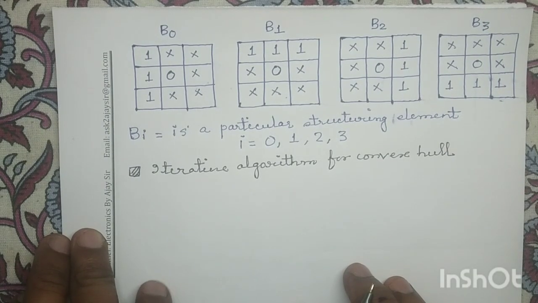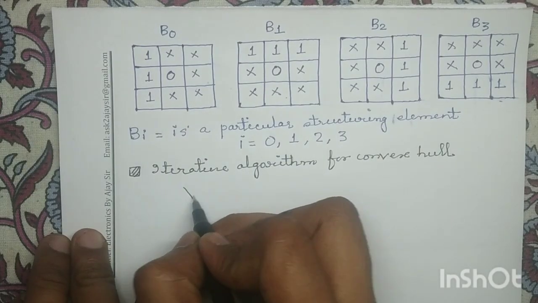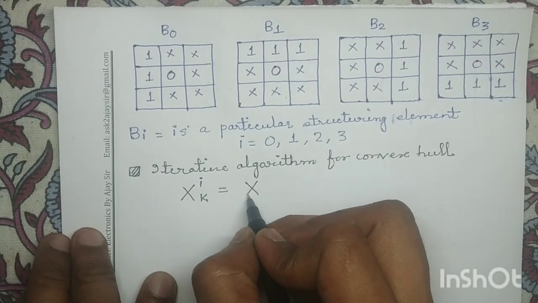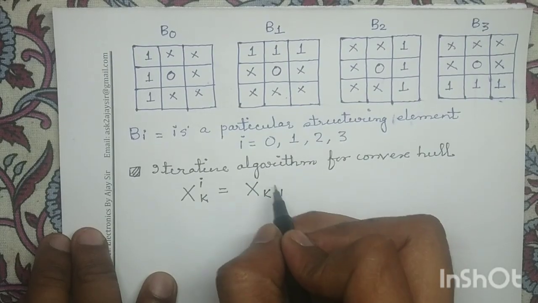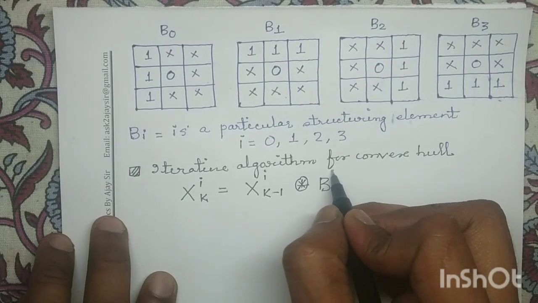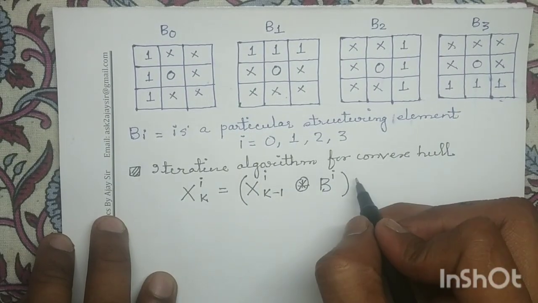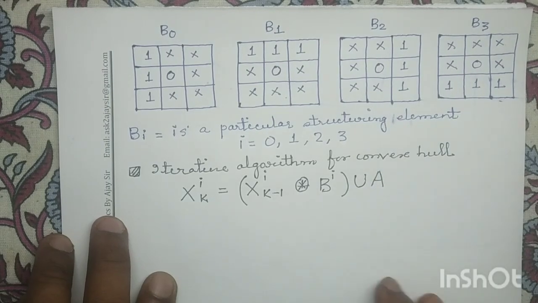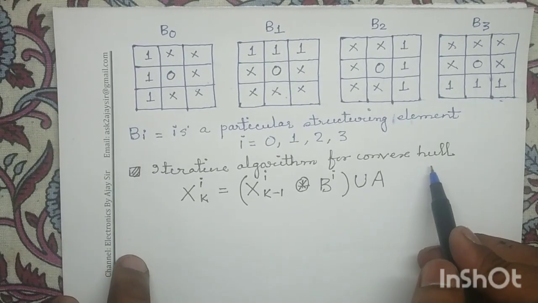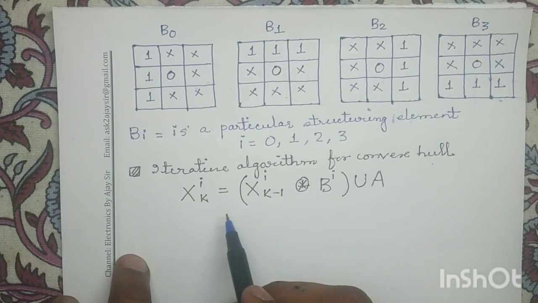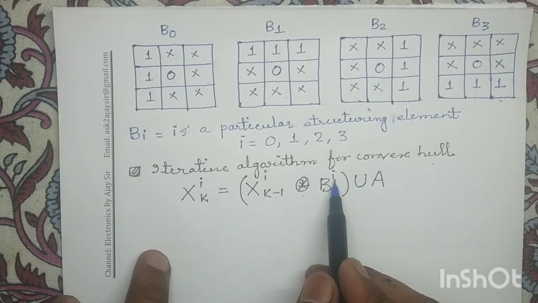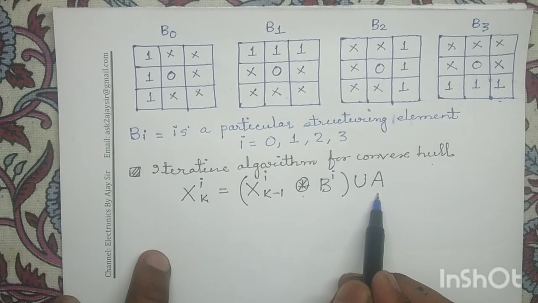It is given as X_k^i equals X_(k-1)^i hit or miss with the structuring element Bi, union with the original image set A. So the iterative algorithm in order to determine the convex hull is given as X_k^i equals X_(k-1)^i hit or miss with Bi, union with the original image object set A.